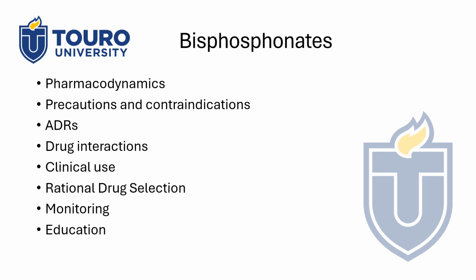And the long-term effects of this can be osteonecrosis of the jaw and atypical femur fracture. They advise that women at high risk can take this for up to 10 years, IV drug up to 6 years. But fracture risk should be reassessed every 2 to 3 years.